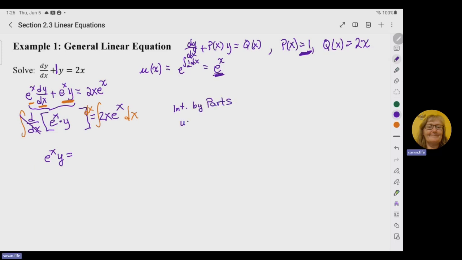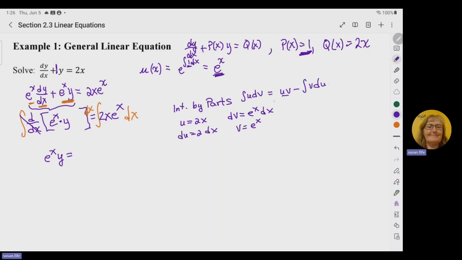If we let u equal 2x, then du is going to be 2 dx. dv is e to the x dx, and v is e to the x. So when you integrate by parts, integrating u dv gives you uv minus the integral v du.